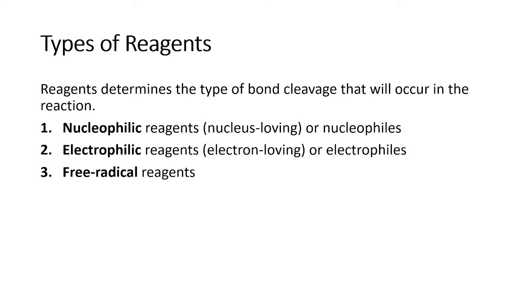So we have nucleophiles, and we have electrophiles, or electrophilic reagents, which are basically electron loving reagents. And we also have what we call free radical reagents. So, as you may think of, free radical reagents came from what we call our homolytic bond cleavage.